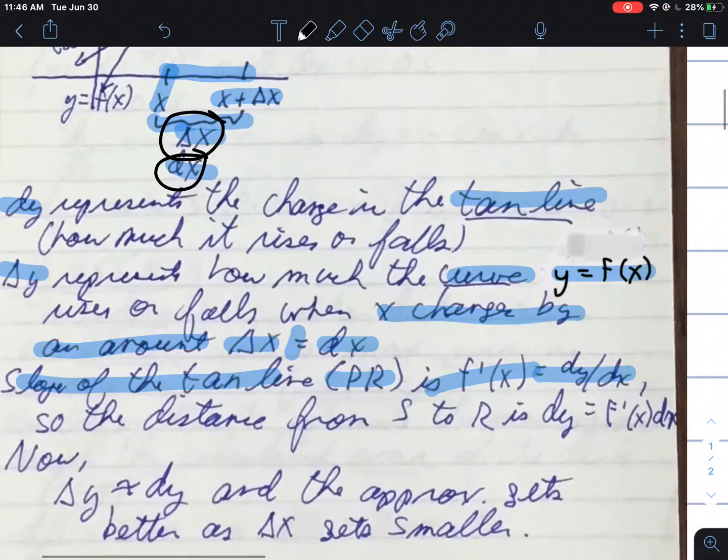So that's dy. And dy, we said from that equation earlier, can then be found by taking f prime of x times dx. And again, that's just coming from that equation, f prime of x equals dy dx, and we're solving it for dy, so that dy equals f prime of x dx.